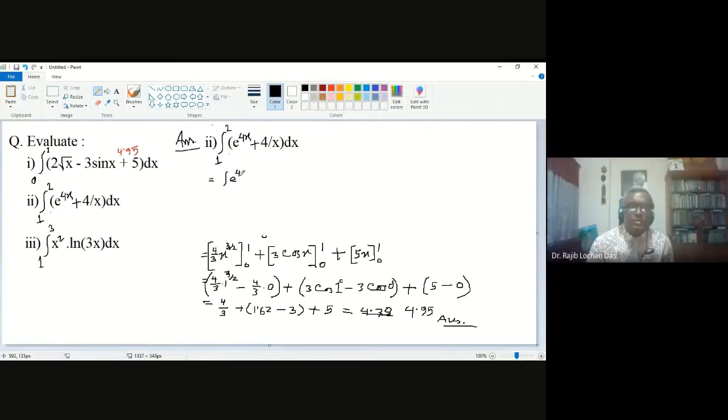Yes, because the questions will be smaller, you will feel comfortable. That is why I am doing this. If you can do the integration without separating them, that is also all right.